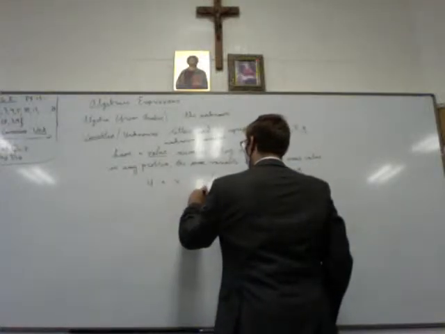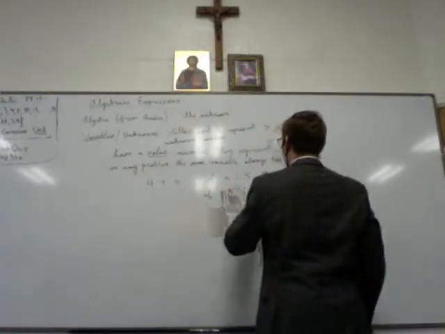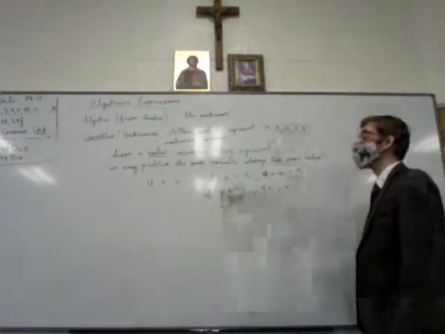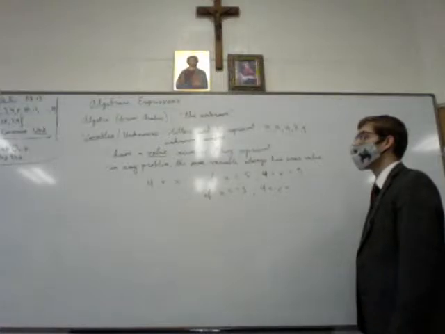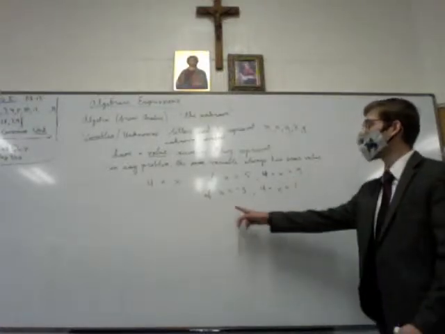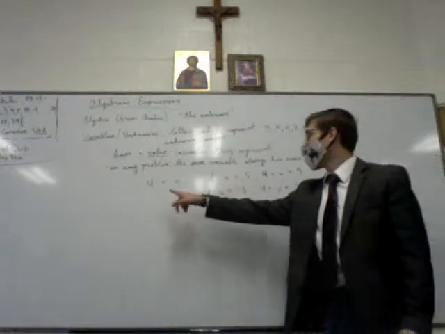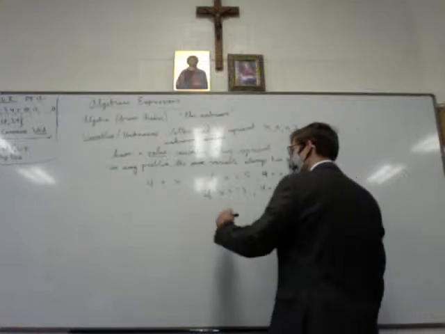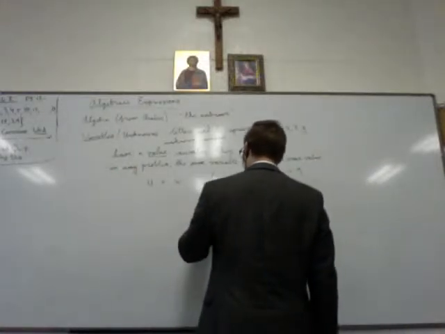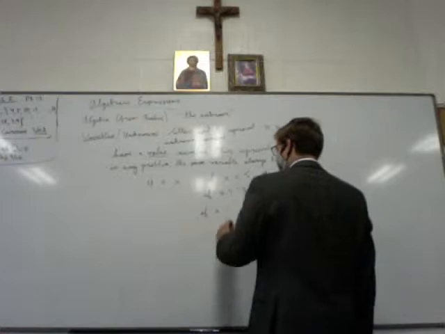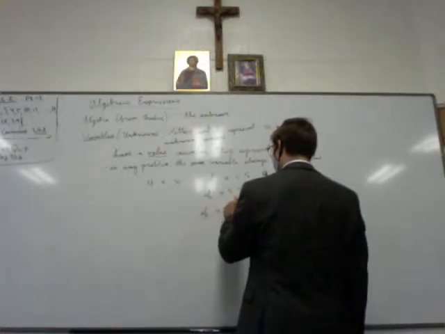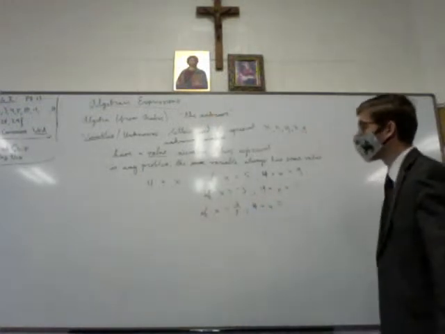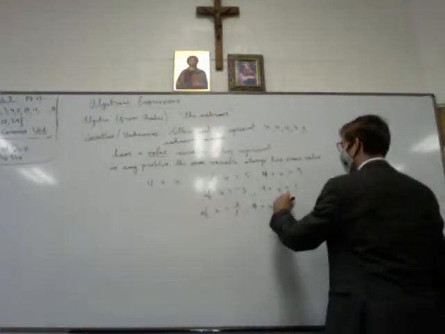If x equals negative 3, what's 4 plus x? 1. 4 plus negative 3 is equal to 1. What if x is equal to 2/3? What's 4 plus x equal to then? 4 and 2/3.